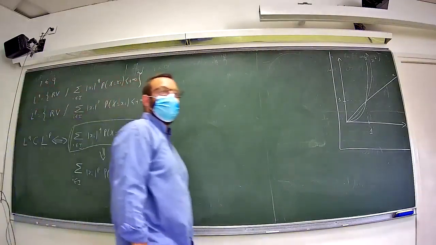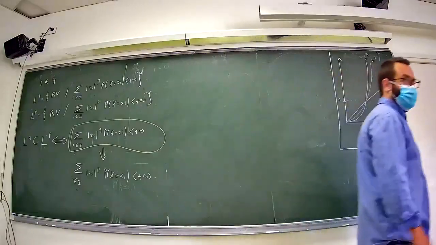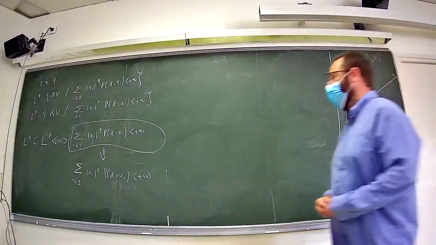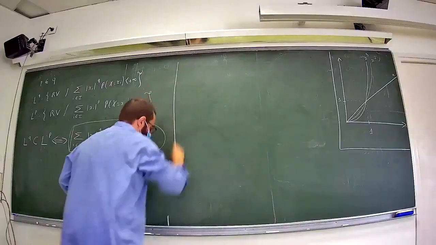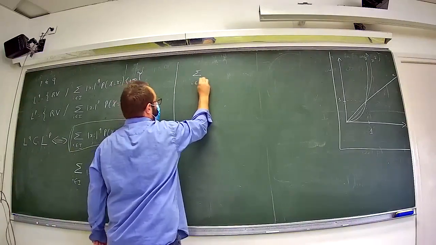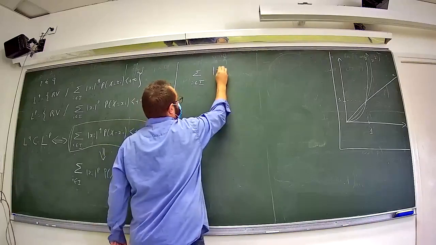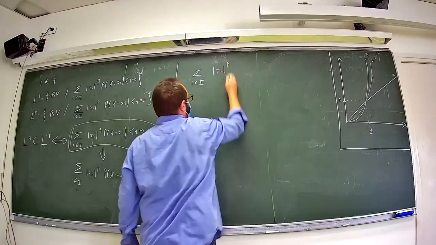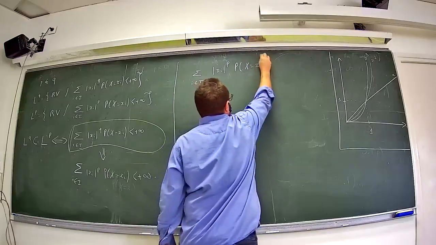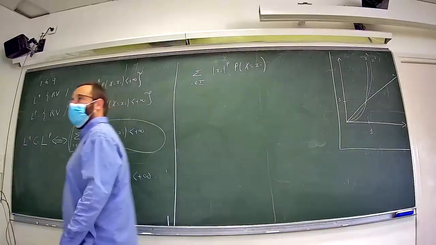I want to prove that I am in LP. Okay? If I want to prove that I am in LP, I am interested in the sum over i belonging to I, of |xi| to the power p, probability that x is equal to xi. Okay?